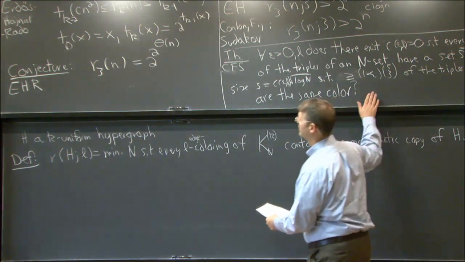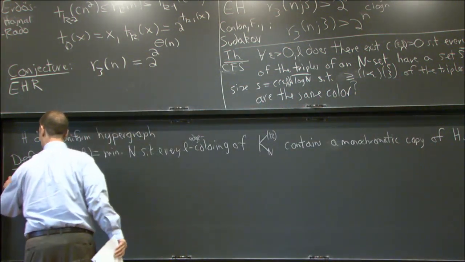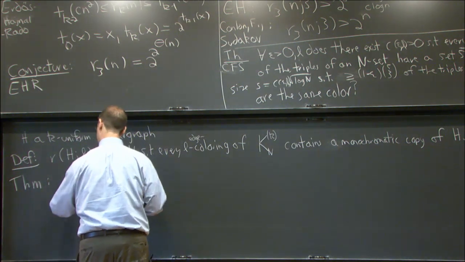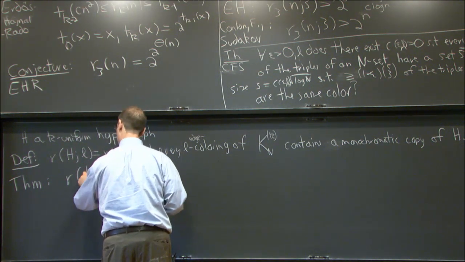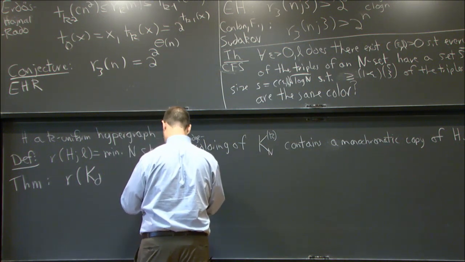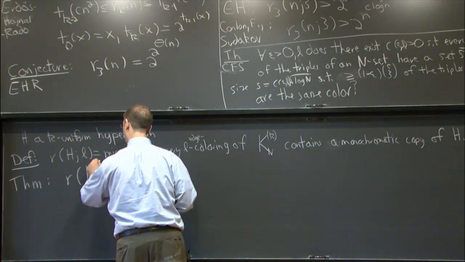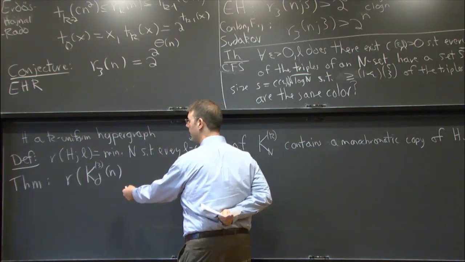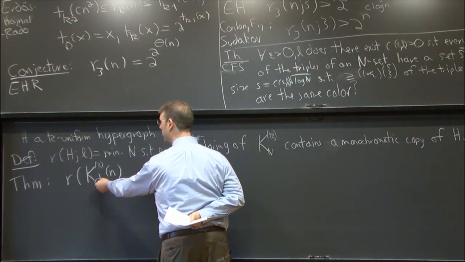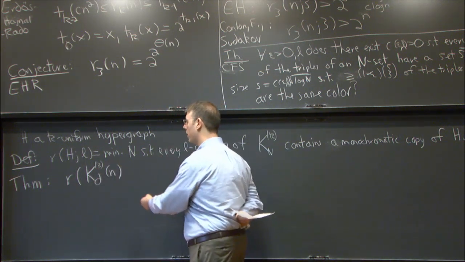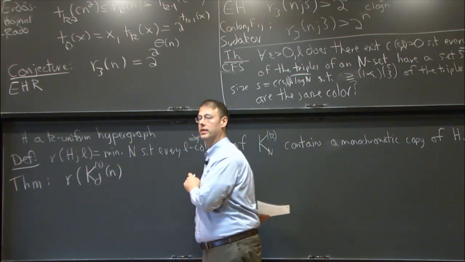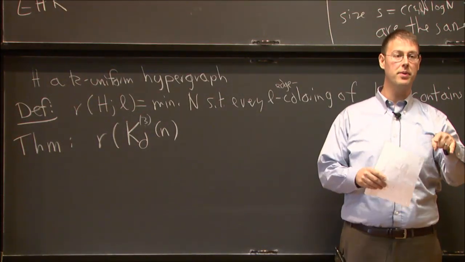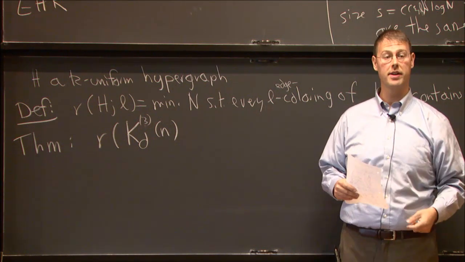Our proof of this theorem actually shows something stronger, about the Ramsey number of the blow-up of K_d^(3). This is a complete d-partite 3-uniform hypergraph with n vertices in each part. So you have d parts of size n, and any triple that has vertices in different parts is an edge.